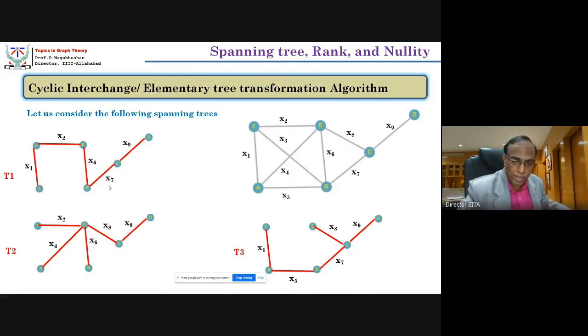I might put a condition. Look, the maximum degree of any vertex here is 1, 2, 3, 4. I might put a condition: the maximum degree of any vertex in the spanning tree should not exceed 3. Then this is not a valid tree at all. If I put that condition, then this cannot be a valid tree.